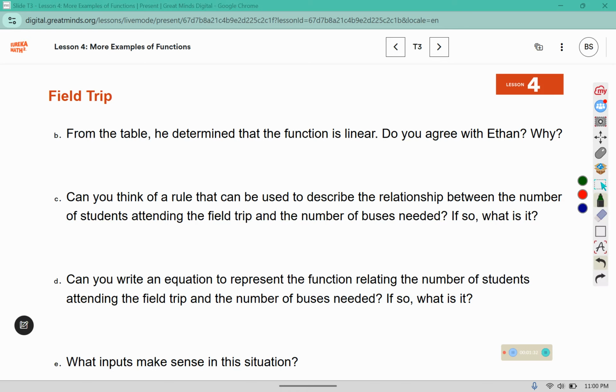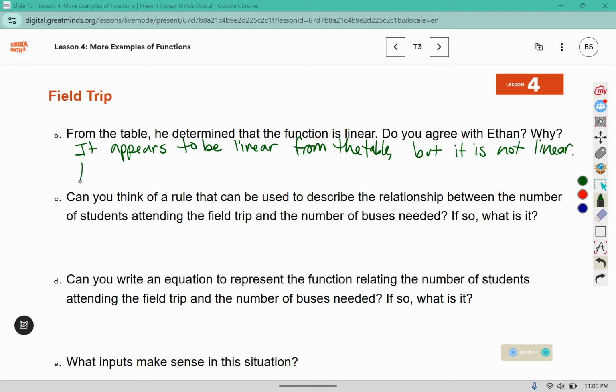So from the table, it does appear to be linear, but it is not linear.